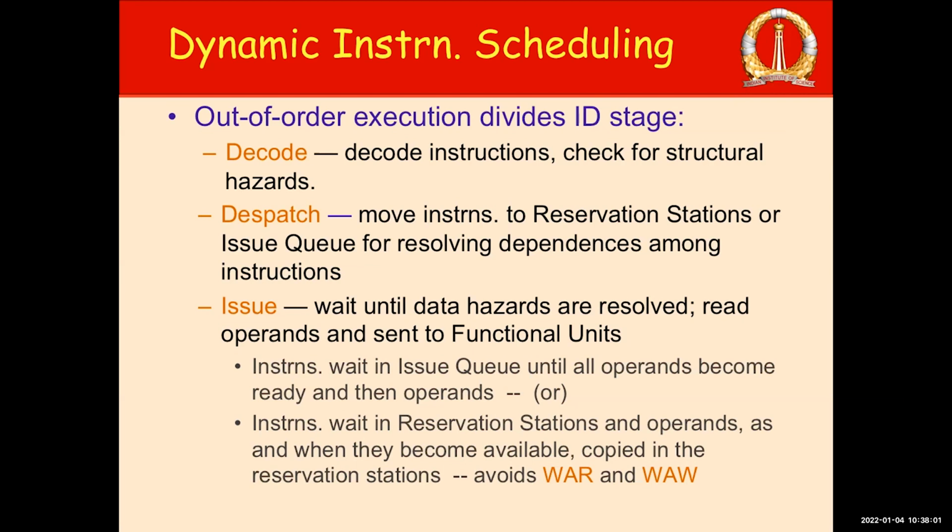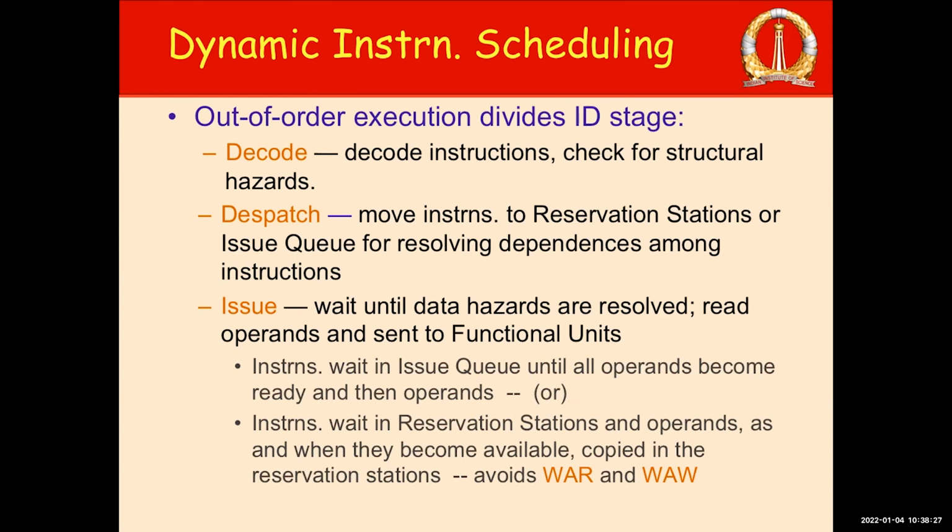Then it waits at the reservation station until it has received all its source operands, right? The hardware detects that all the source operands for this particular instruction are now available. And if the corresponding functional unit is available, then it will issue this instruction from the reservation station to the functional unit. That is called the issue, right?